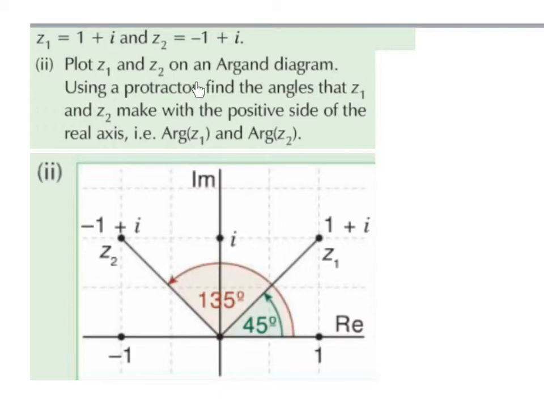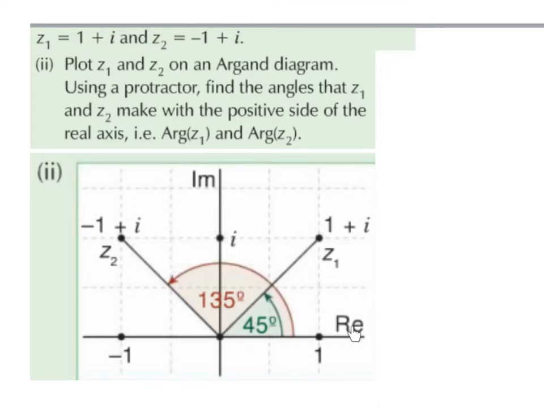Using a protractor, find the angles that z1 and z2 make with the positive side of the real axis, i.e. the argument of z1 and the argument of z2. So if you place your protractor down along the real axis, so your baseline should line up with the real axis, and the center of your protractor should be at the origin, you should see that the angle formed from z1 to the positive part of the real axis is 45 degrees.